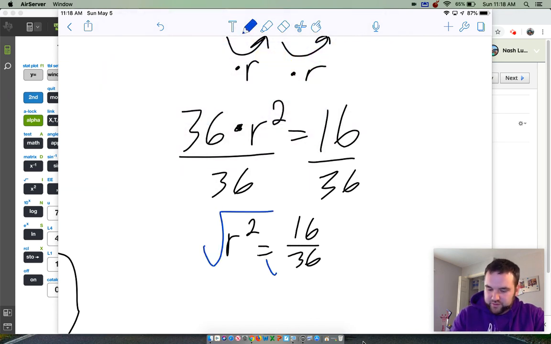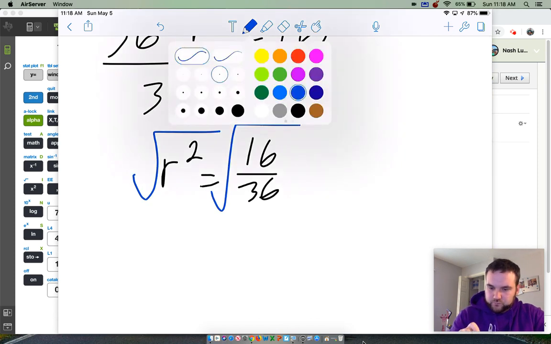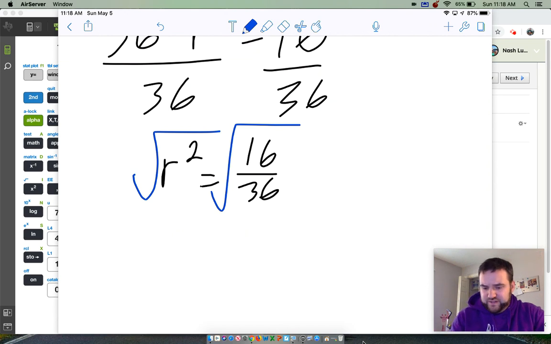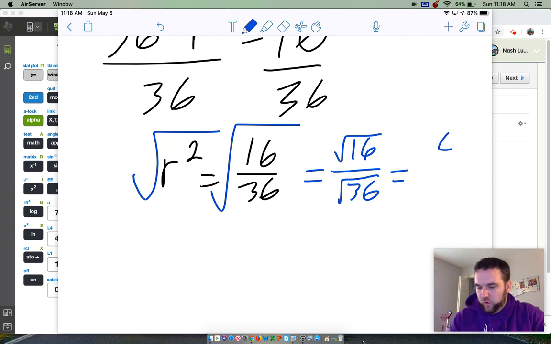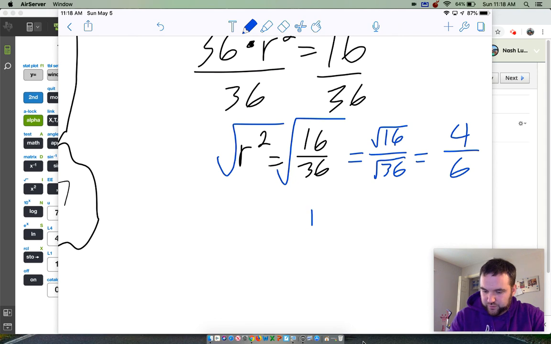And what's nice about this is that since I'm square rooting, and 16 and 36 are both perfect square numbers, I can just square root the top and the bottom individually. And that gives me 4 over 6. Or I could then reduce that to 2/3. So R equals 2/3.